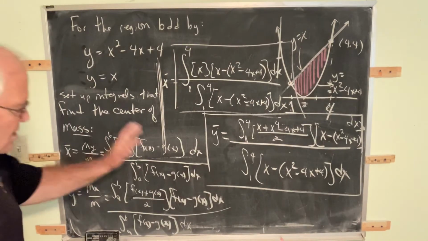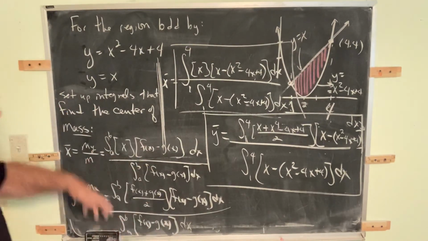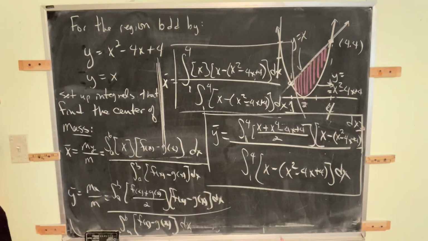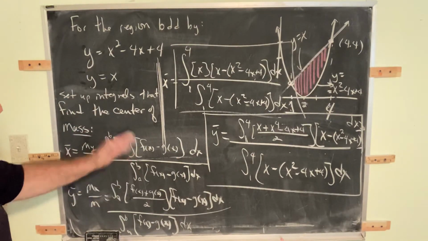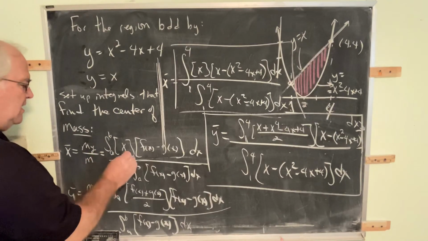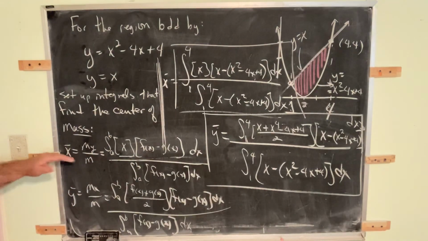It's keeping your wits about you, keeping all this notation straight and in the right sequence, that is the key to all this. If you have your notes written straightforwardly, it should not be too challenging to set up the integrals which find the center of mass using this structure.